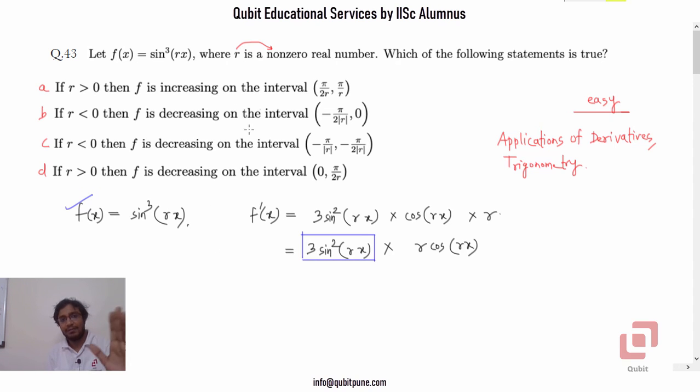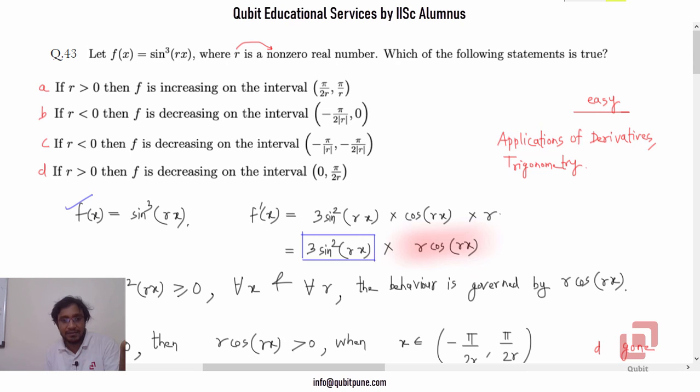If we want to decide whether it is increasing or decreasing in the given intervals, it is this part that we'll consider, r cos rx, because that can be positive or negative or even 0. As 3 sine squared rx is always non-negative for all values of x and r, the behavior is governed by r into cos of rx, so that is what we will consider in our analysis.